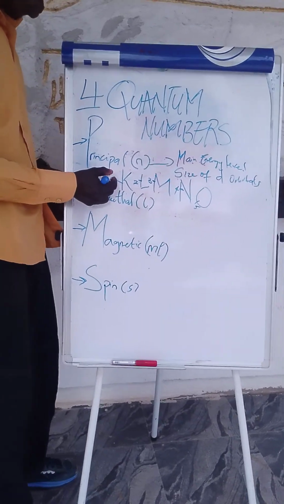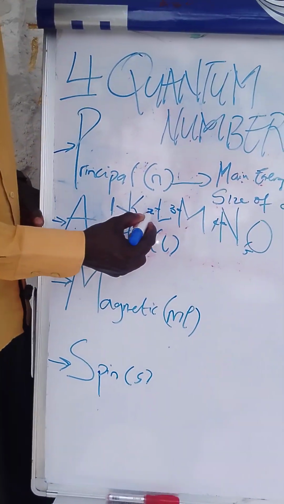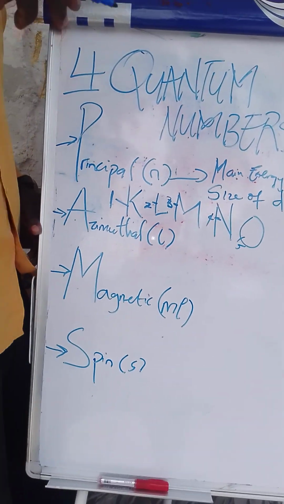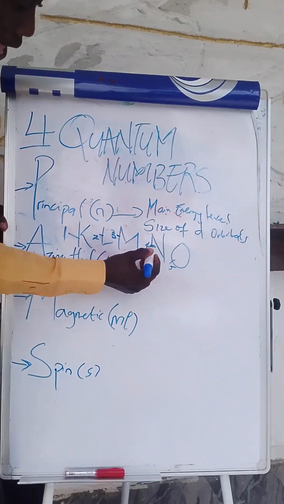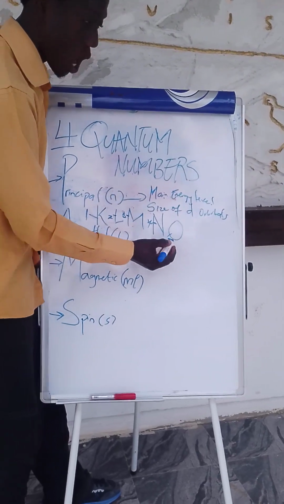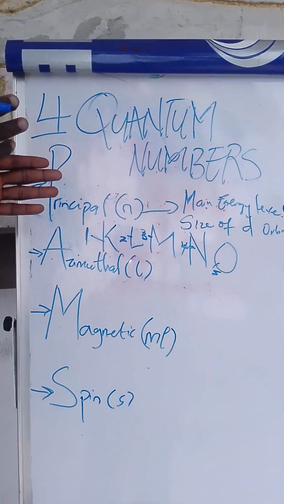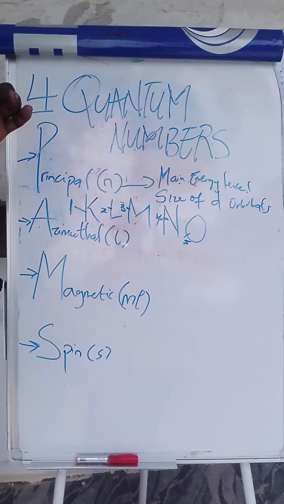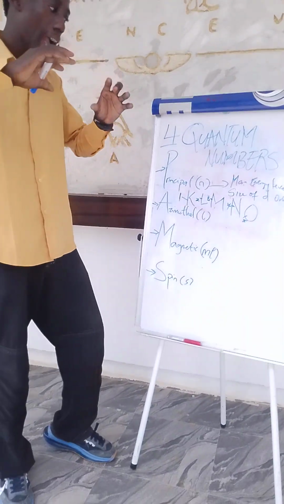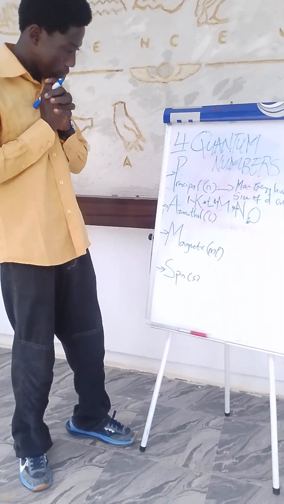Meaning K is a single shell, L is the second shell, M the third shell, N the fourth shell, and O the fifth shell. So that's the principal. It describes the main energy level, as well as the size of the orbitals.